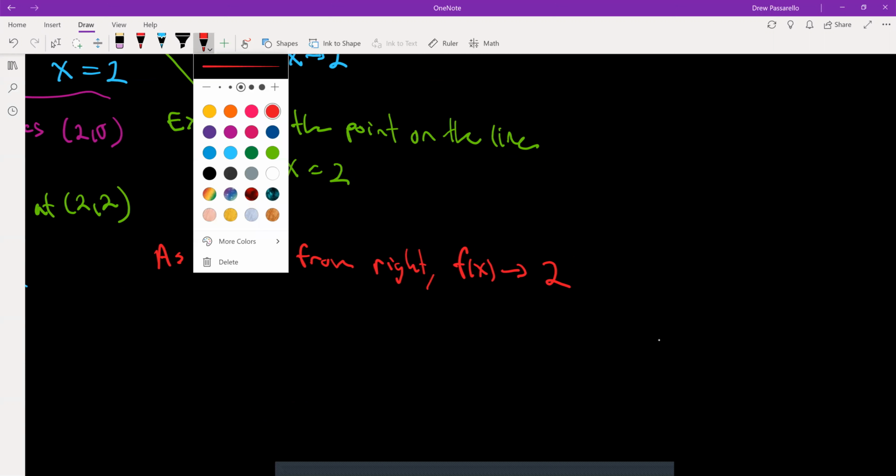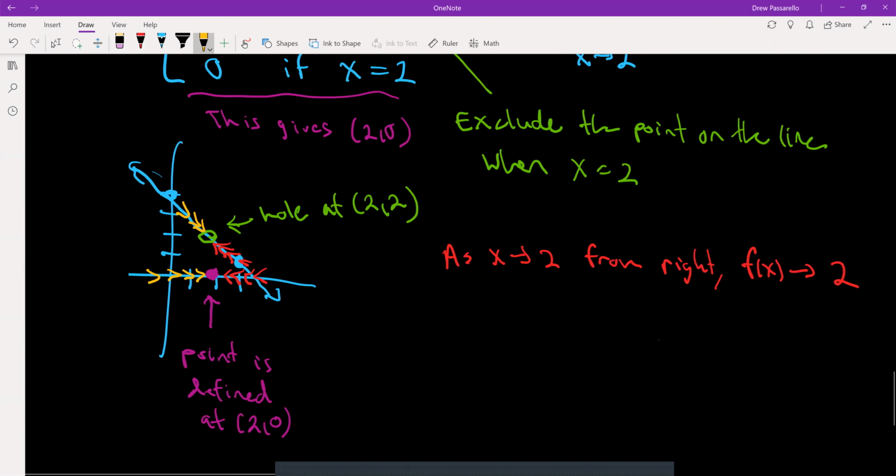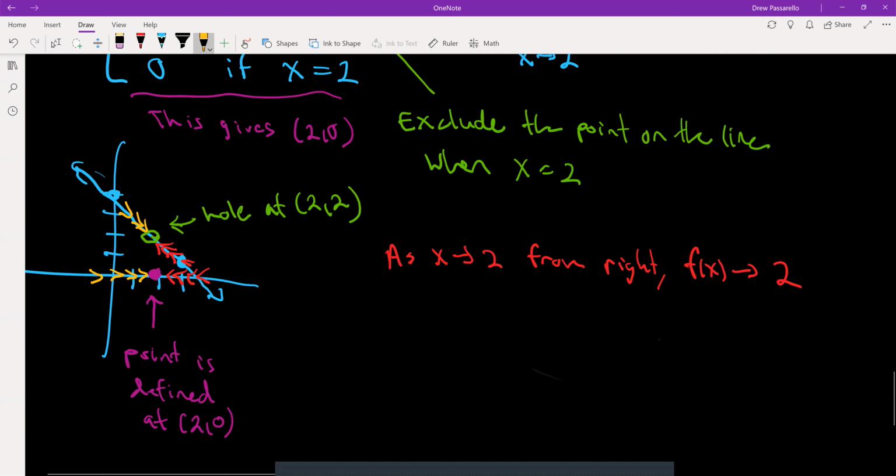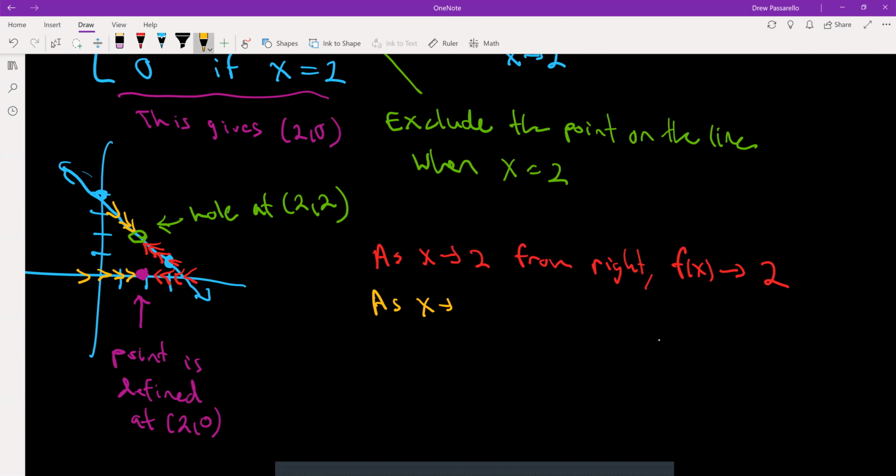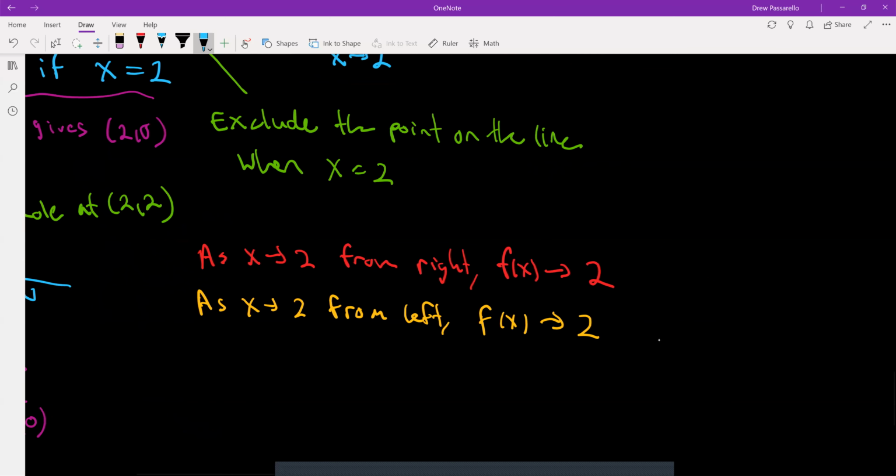And same thing for when we approach 2 from the left, the y coordinates are on this line, and for that line they're still approaching the hole, which has a y coordinate of 2. So they're the same value, and so the limit is going to be 2, even though there's a hole in the graph.